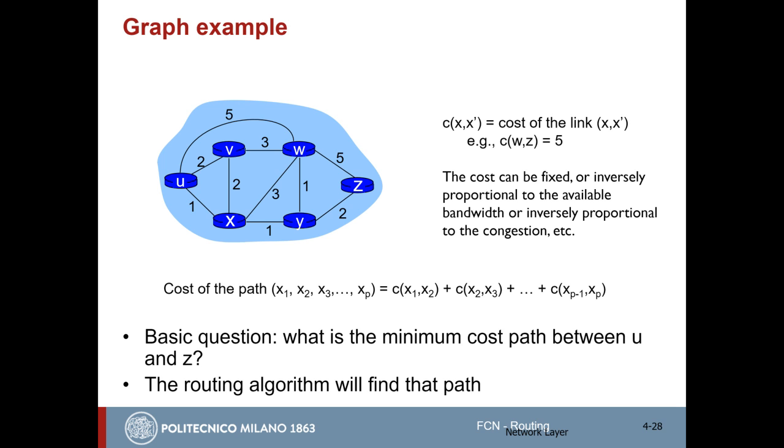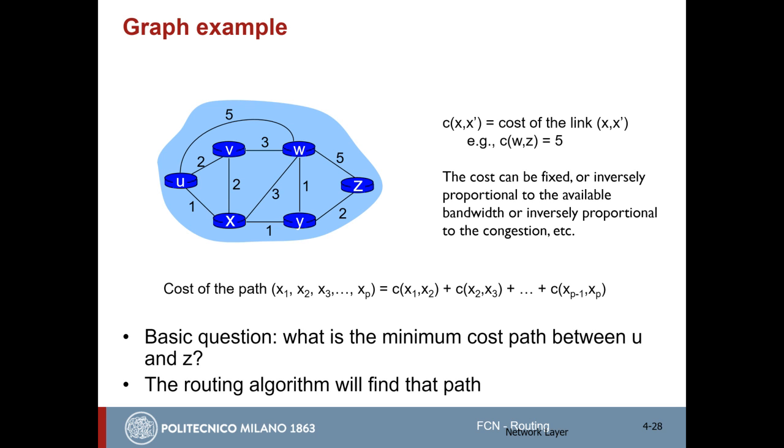In that case, the metric is called administrative cost, but it can also be, let's say, proportional to available bandwidth, inversely proportional to congestion, and so on and so forth. So since we have the links and we have the costs between the links, the cost of the path is the sum of the costs of the links. And so the basic question is, what is the minimum cost path between the source and the destination?